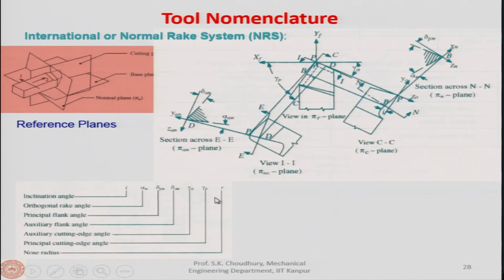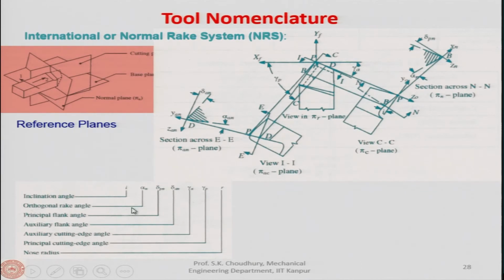In this sequence, the angles are defined: that is the inclination angle first, like in case of the ORS, then the normal rake angle, principal normal flank angle. This actually should be normal rake angle, not orthogonal, I am sorry, this is wrongly written here. This angle is the normal rake angle, you can correct it.